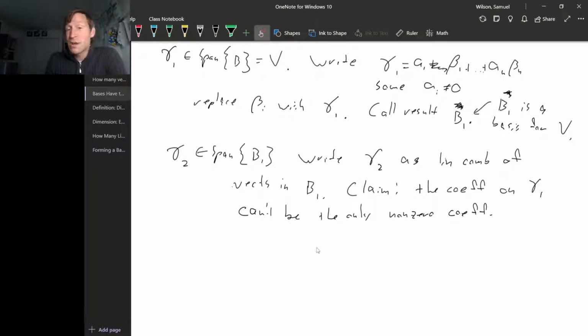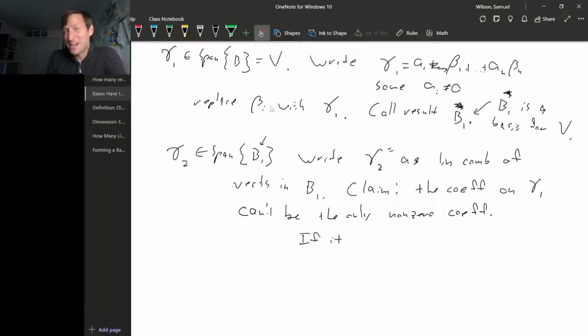Well, suppose that it were. If the coefficient on gamma 1 were the only non-zero coefficient in this linear combination, right, we're writing gamma 2 as, see, I'm hesitating to actually write out what this would look like as a linear combination of the vectors in B sub 1 because we don't know exactly what position gamma 1 has taken, right?